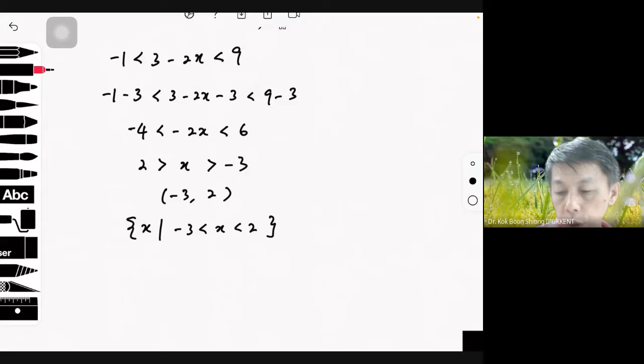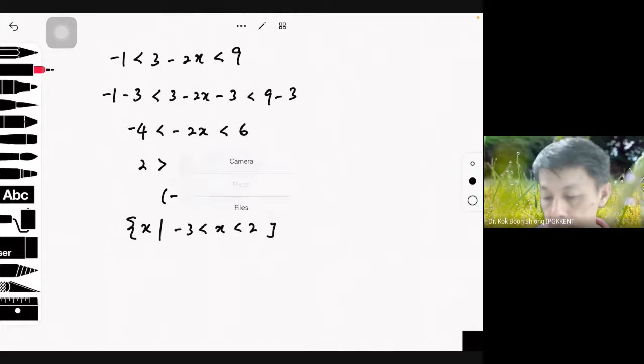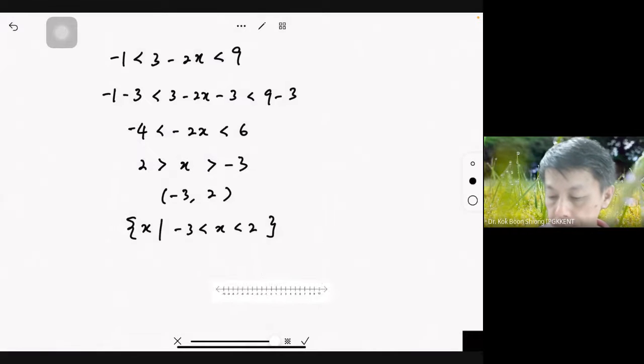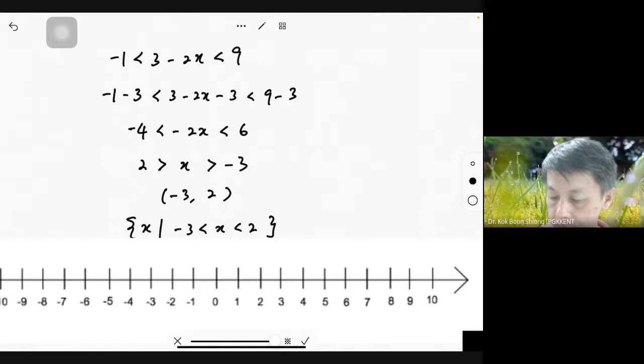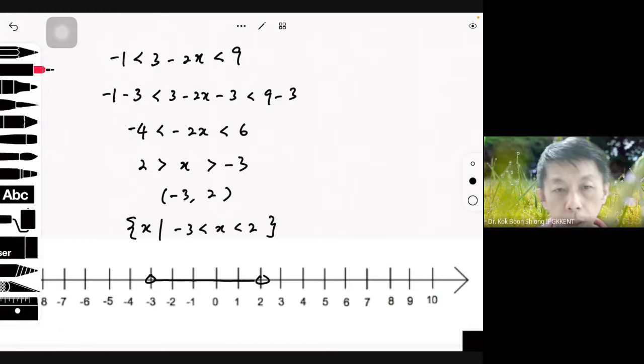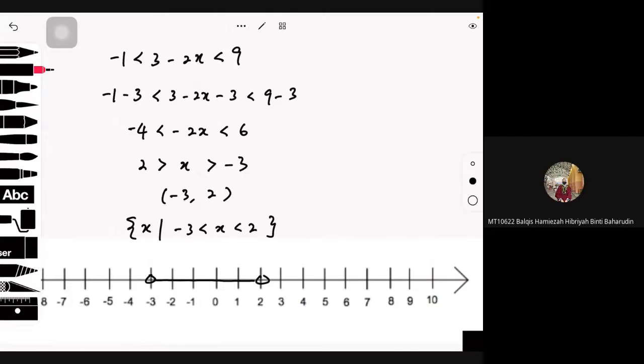Then we put it into a number line. Negative 3 and 2. Okay?